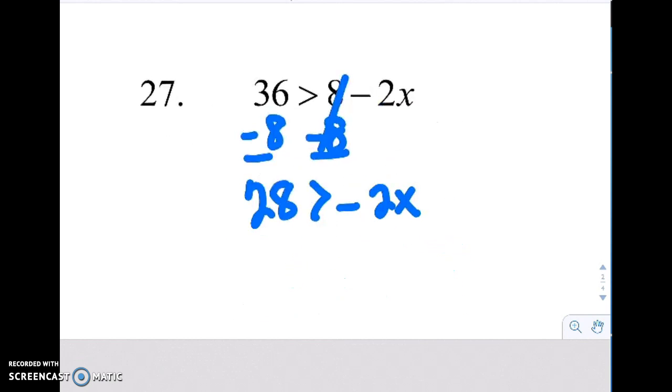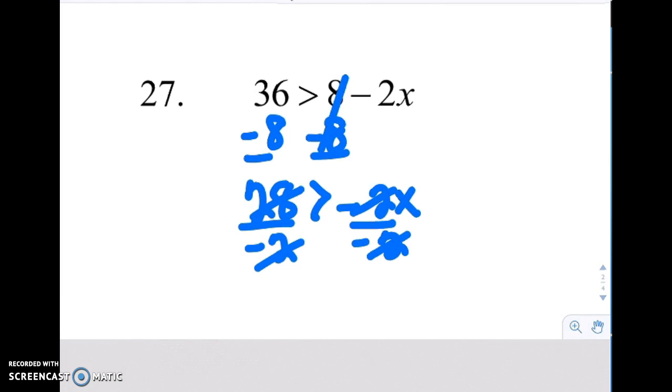And so watch what happens here. You got to be really alert and aware. We're dividing by a negative number. When the number you're dividing by or multiplying by is negative, you flip the symbol. Then look what happened here. X ended up on the right.